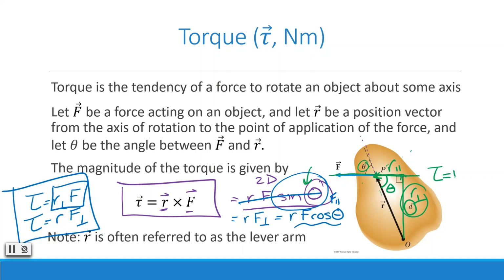So my torque would be R perpendicular times F, which in this case, using this same theta here, would give me R sine theta times F, where R sine theta is R perpendicular. So you can work either one of those, or you can solve the cross product if you're given unit vector notation and so forth, using matrices or your preferred method for the cross product.